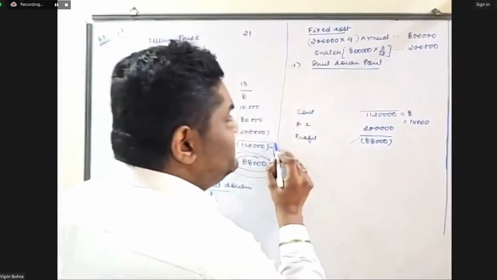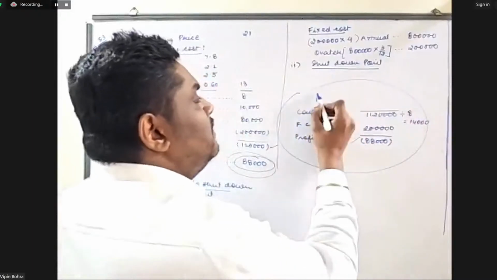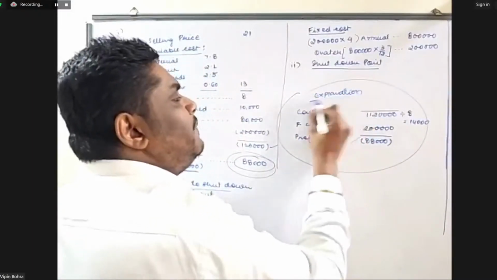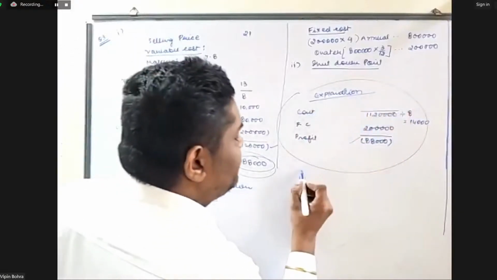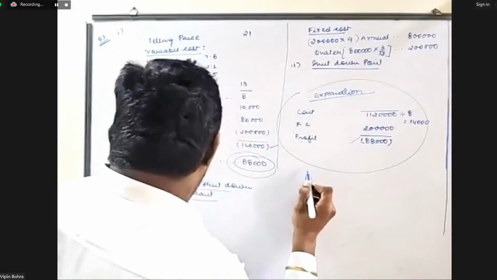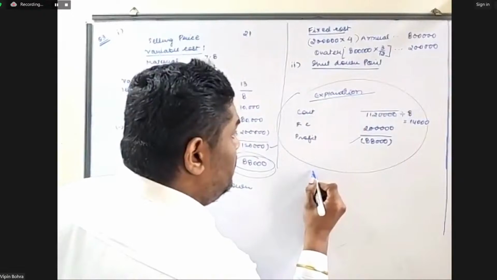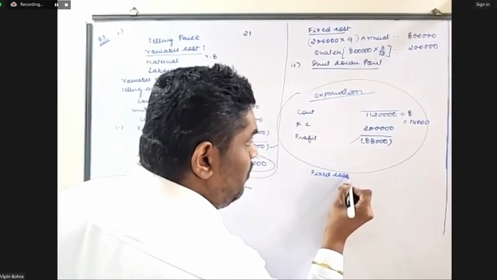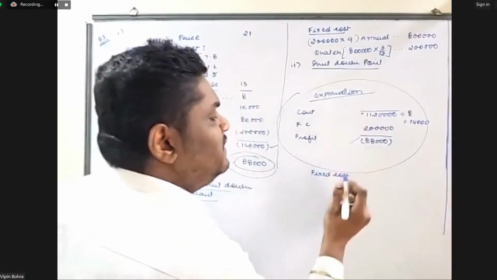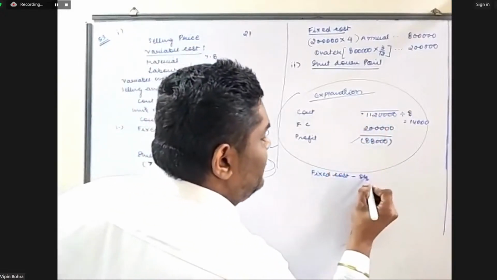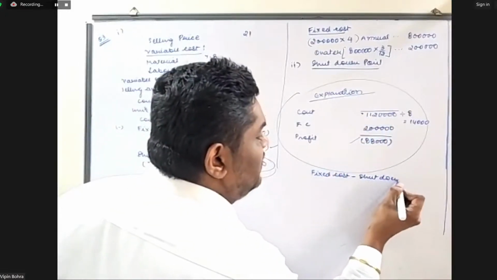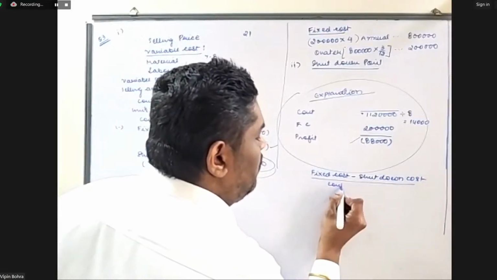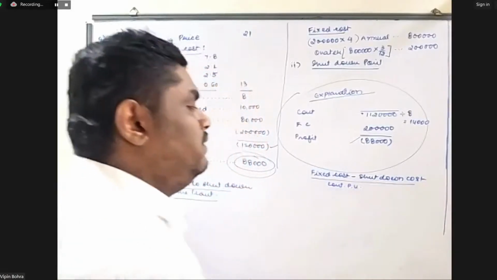So in short, we can say this is the explanation. You can copy this for your reference. So when talking about the formula, very simple. My fixed cost. How come I got this 1,12,000: fixed cost minus my shutdown cost divided by contribution.